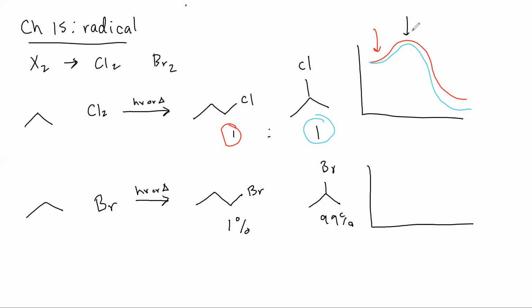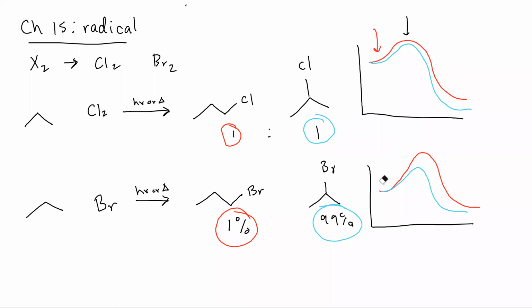And so both products are going to form since they have about the same activation energy transition state. However, if we talk about the bromine, we can see here that the red version, which is the less stable version, and then the blue version, which is the more substituted version, are going to end up with slightly different graphs. So for the bromination, oh, I'm sorry, I drew this slightly wrong.